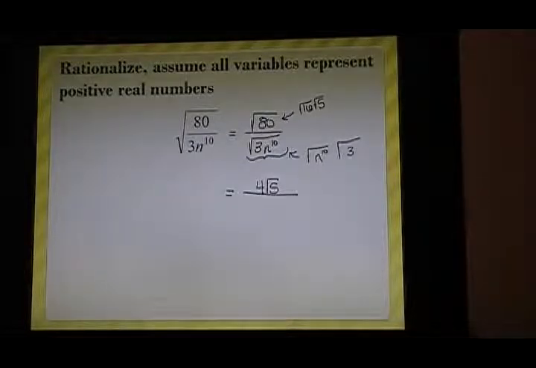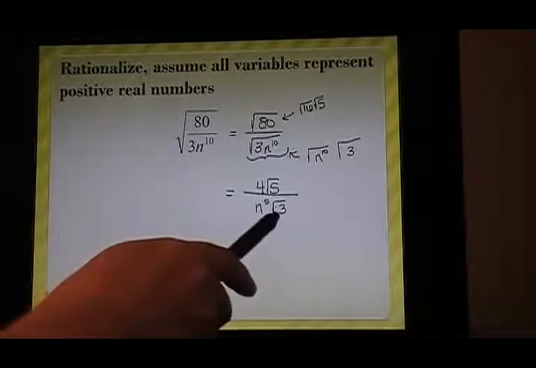The square root of 3 I can't do anything with, so the simplification here is just n to the 5th root 3. So I've simplified my radicals. I can't do anything in terms of simplification of the fraction, but I know I can't leave it like this because I still have a root in the bottom.